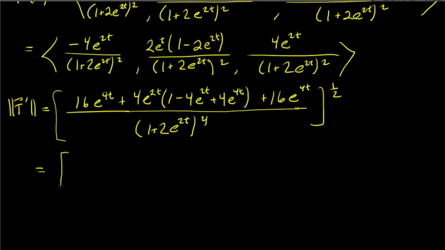So, what do we get in the numerator? We get 16e to the 4t plus 4e to the 2t minus 16e to the 4t plus 16e to the 6t and then plus 16e to the 4t.